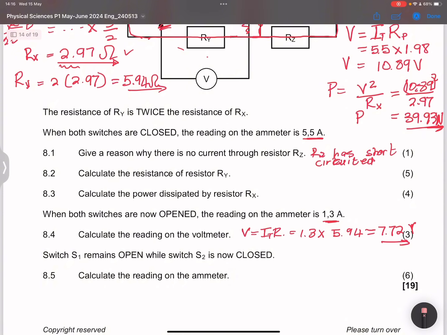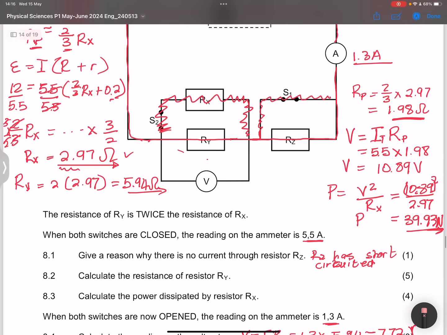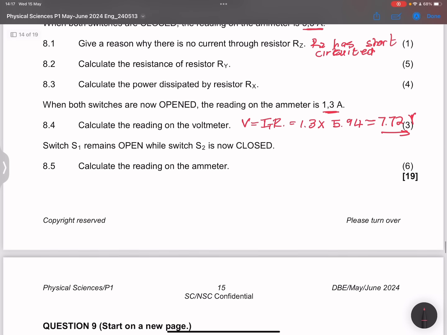And then they say to us, calculate the reading on the ammeter. Actually, they said switch S1 remains open while switch S2 is now closed. So S2 is closed, which means again we've got our parallel combination back, Rx and Ry in parallel, but we've got Rz as well. Now, ladies and gents, we need to be very mindful when we do this question.